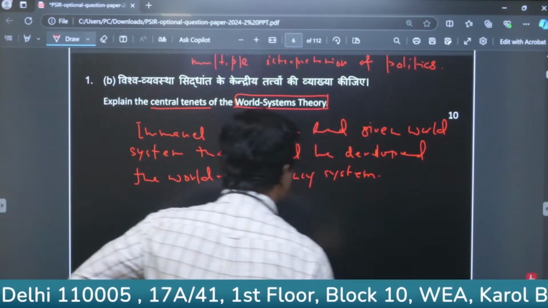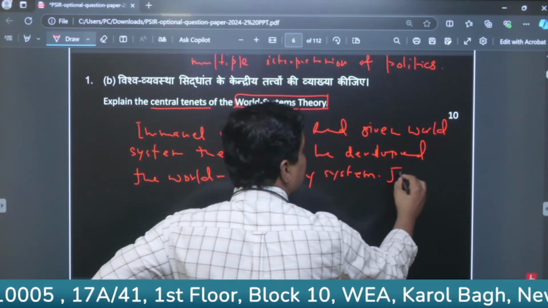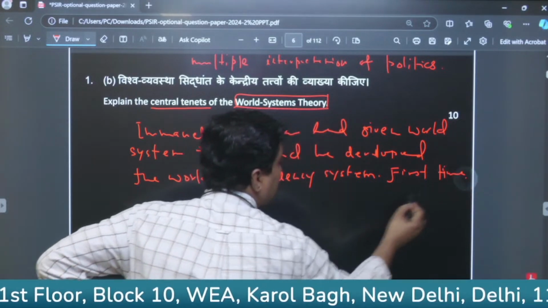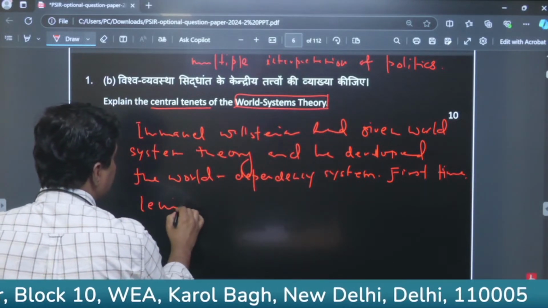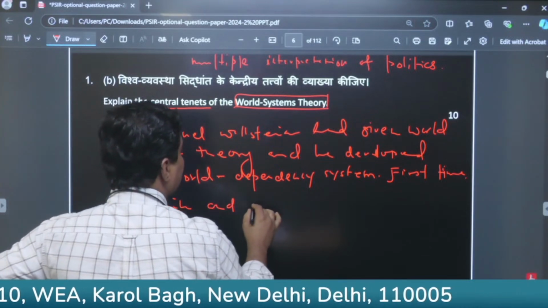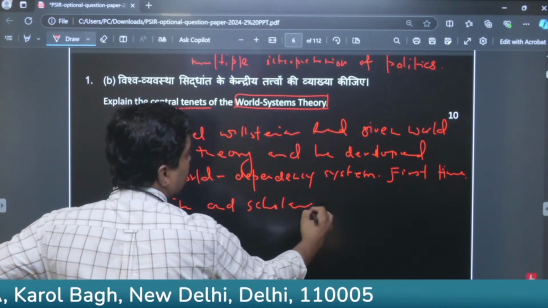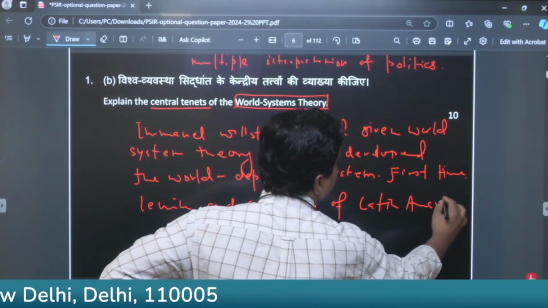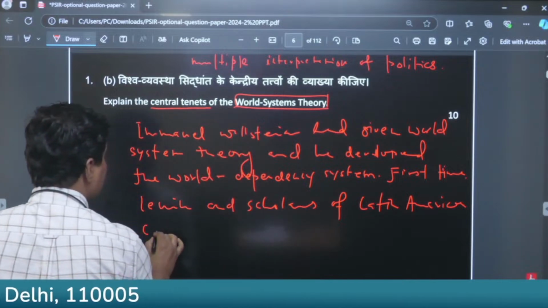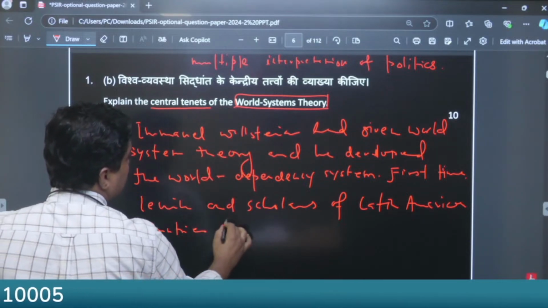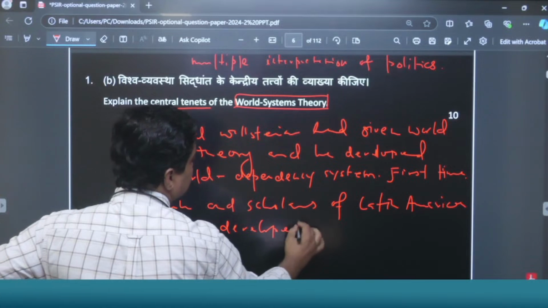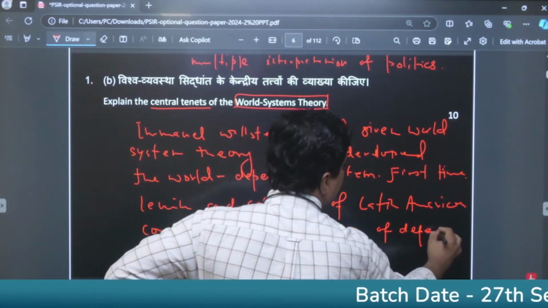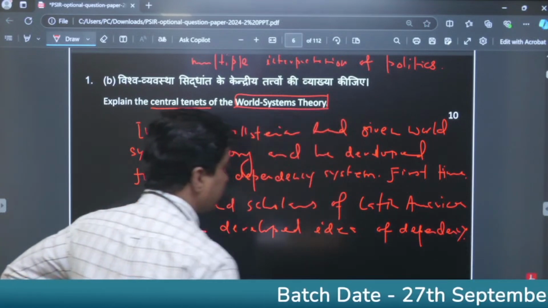Now Lenin, for the first time, and scholars of Latin American countries developed the idea of dependency, right?